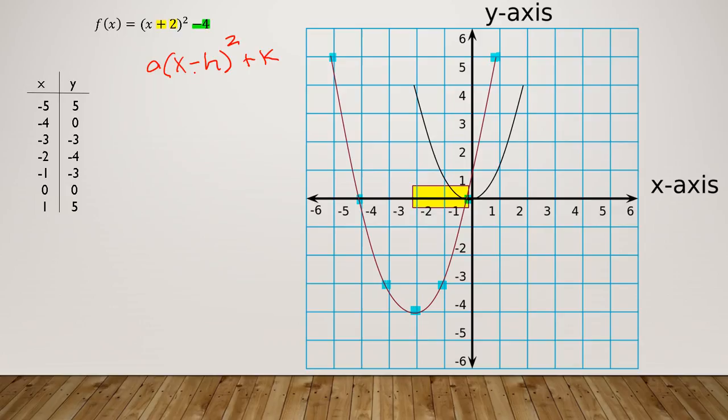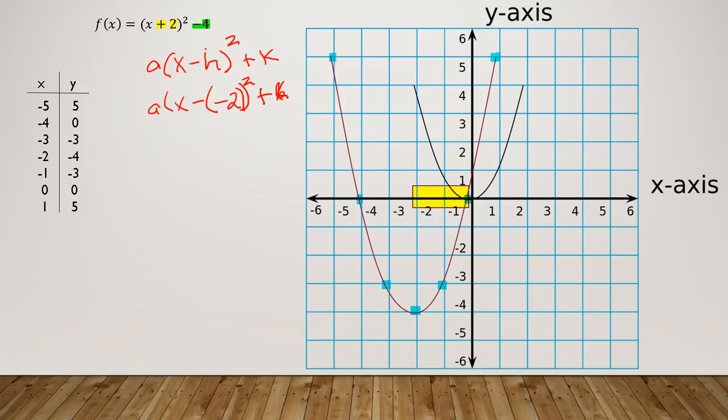Now, if this is to be correct, then I would have to write it a times x minus a negative 2 plus k, sorry. And that is x plus 2.